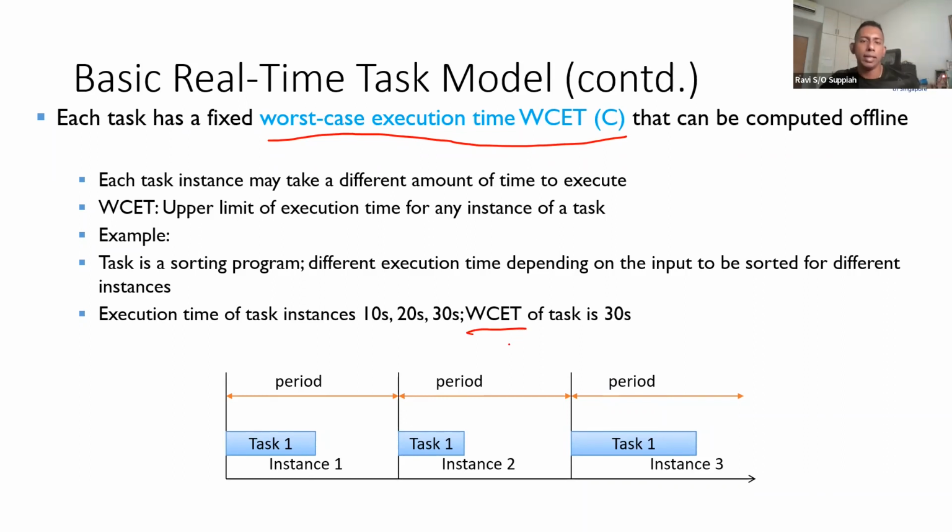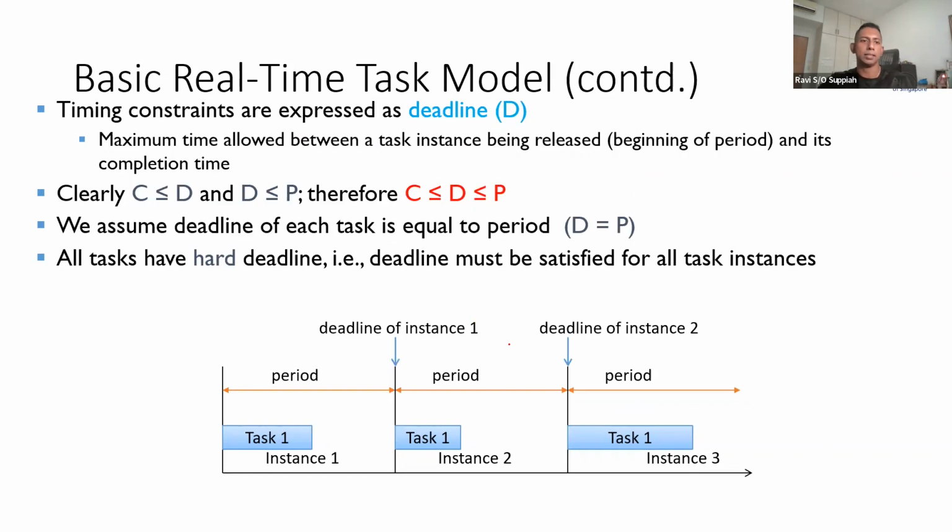Now the other parameter is the concept of the deadline, because the deadline is the worst case timing by which I must have completed. Since the tasks are periodic in nature, the worst case execution time C must be less than or equal to the deadline, and the deadline must also be less than or equal to the period.